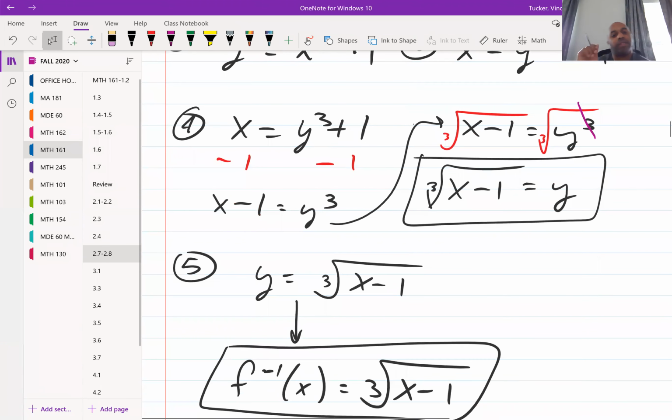So your final step is to substitute the notation of f inverse of x for y.